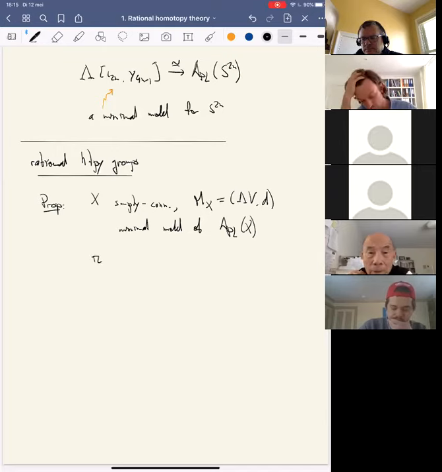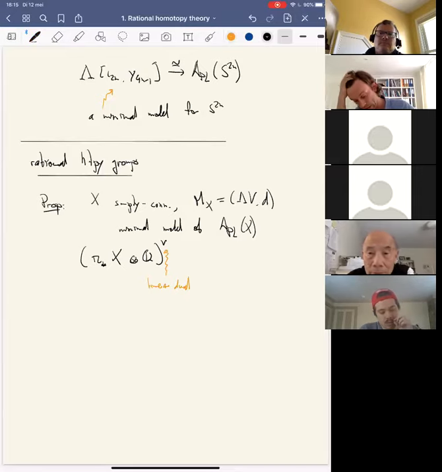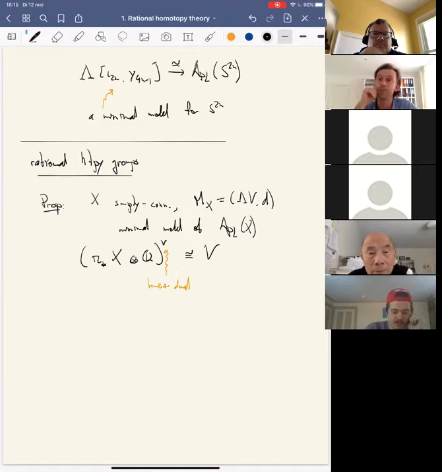The rational homotopy groups of X can be extracted as follows, or rather, I can extract their duals. So let me use this check to just denote the linear dual. Namely, these are just the vector space V, just the generators of this algebra.